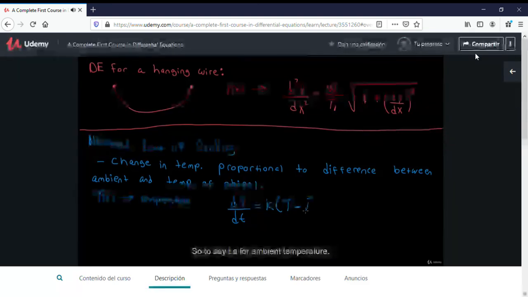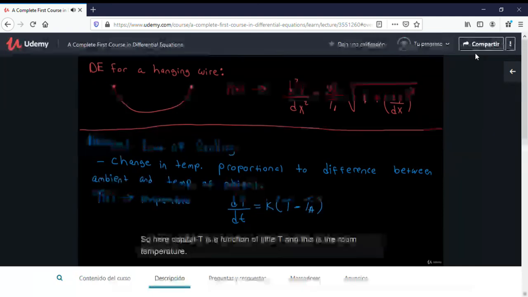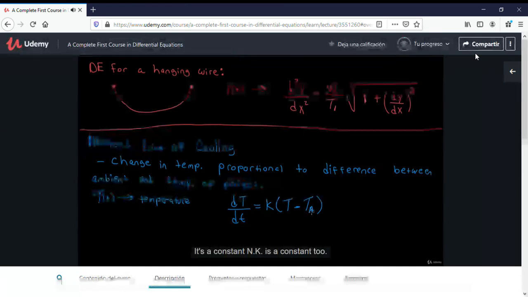So we'll just say T_A for ambient temperature. Okay, so here capital T is a function of little t, and this is the room temperature, it's a constant, and k is a constant too.